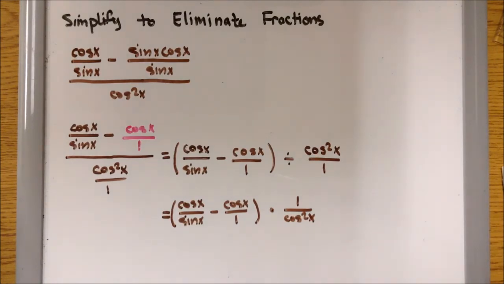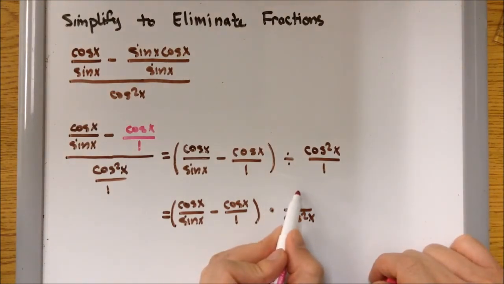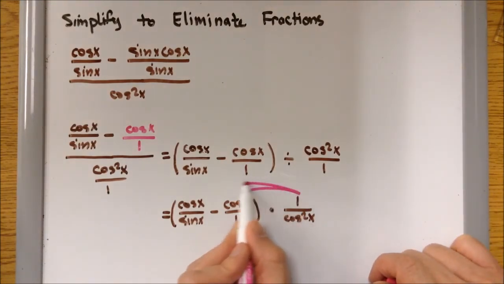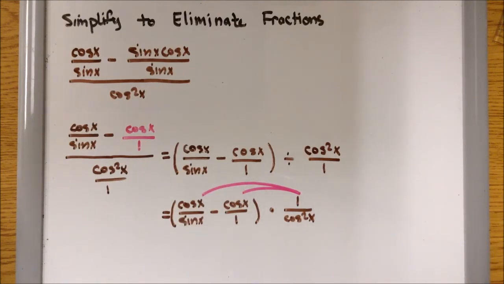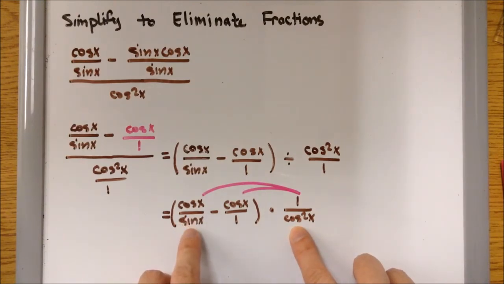Alright, so now we're going to be multiplying with fractions. This fraction right here is going to multiply to everything inside the parentheses. So when that happens, we're going to have 1 over cosine square of x times cosine of x over sine of x.